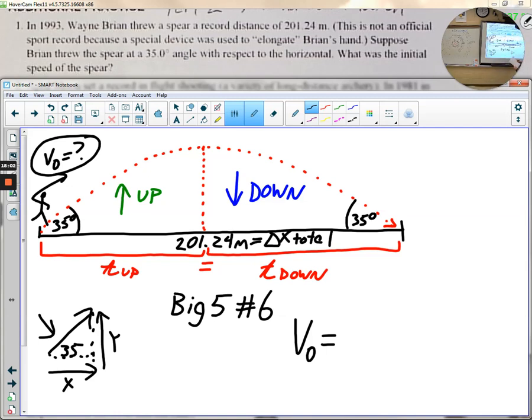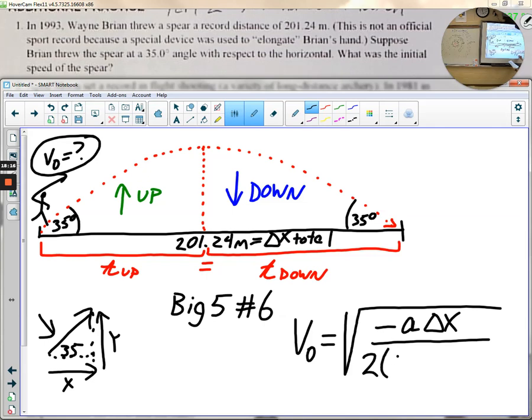Okay, so use this. VO equals great big honking square root sign of negative a delta x over 2 times the sine of theta times the cosine of theta.